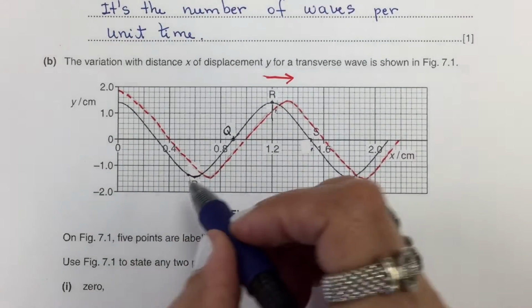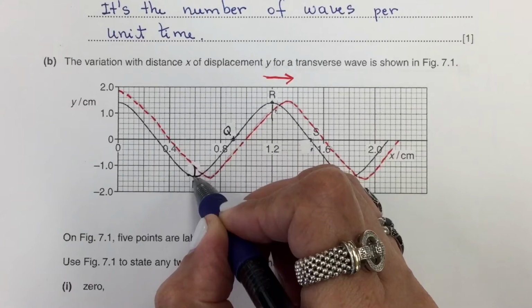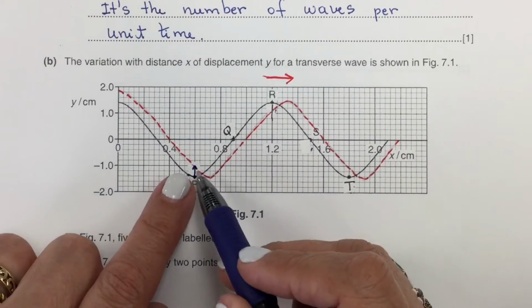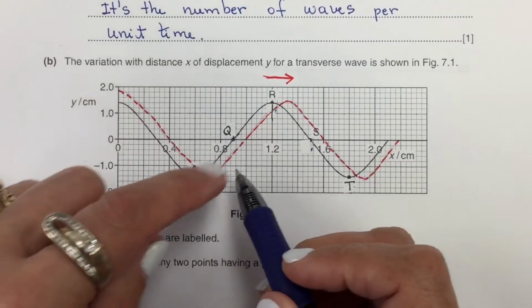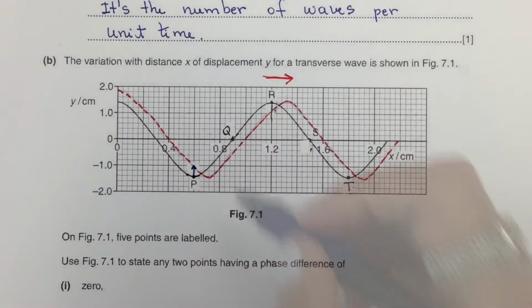For example, at point P, I'm going to draw an arrow, and the tip of the arrow is going to be connected to the shift of the displacement in this direction.